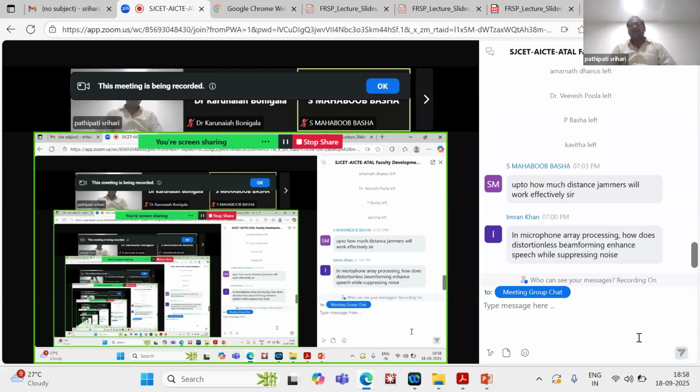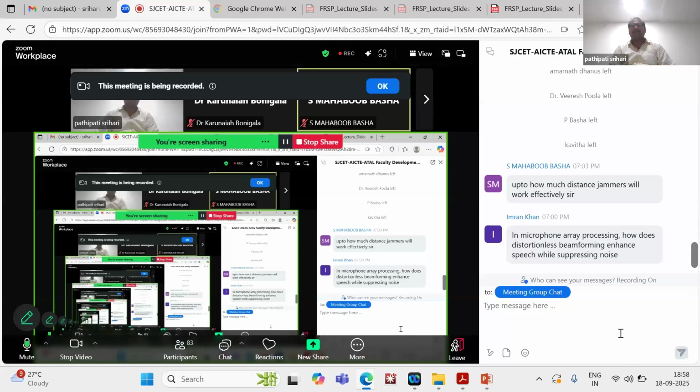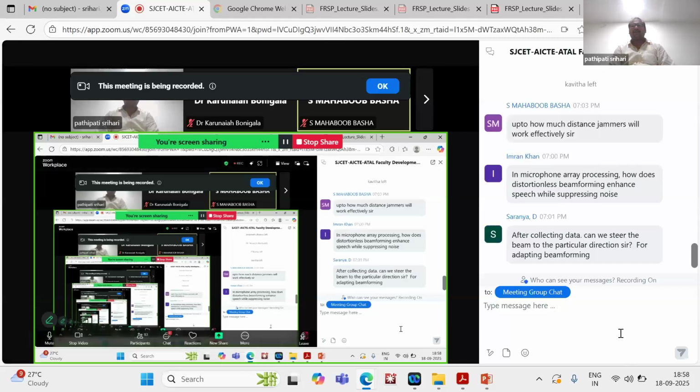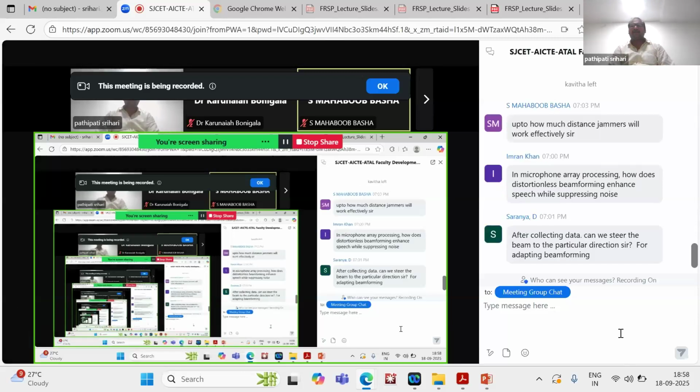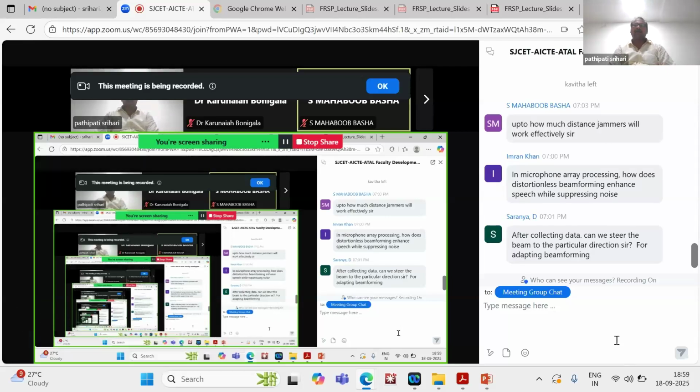So as I mentioned, that scaling factor we are estimating, then the distortionless, after collecting data, can we steer the beam to the particular directions for adaptive beamforming? So obviously, because that is what is happening, no? After collecting data, can we steer the beam?